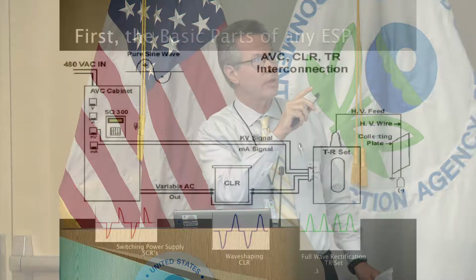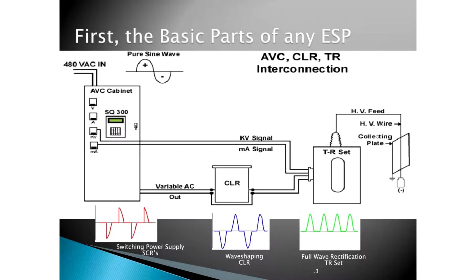So those are the parts, and since there's sparking going on in the precipitator, the control says, my job is to push that transformer to the max, but also I must look to see if there is sparking, and if there is sparking, I need to control it. So an automatic voltage control's job is 2 things: control the sparking in the precipitator and push the transformer to its maximum limits if there is no sparking.